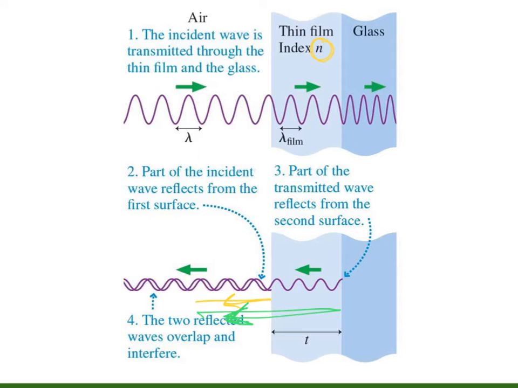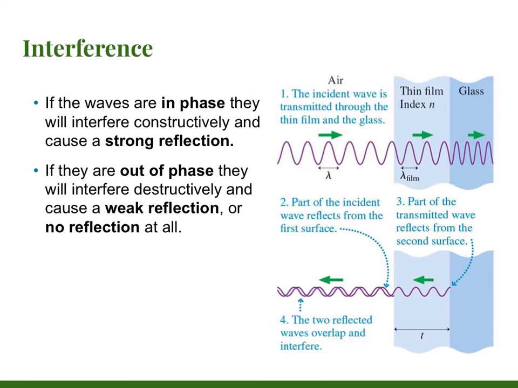And those two wave patterns are going to overlap, which means they're going to cause some interference. And that interference can either be constructive to generate a brighter light, or destructive, which will generate no light. And whether or not they constructively or destructively interfere is based on their phase.